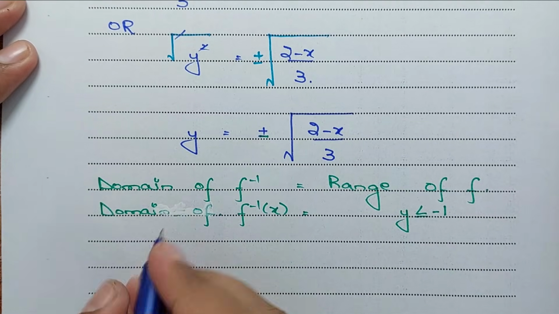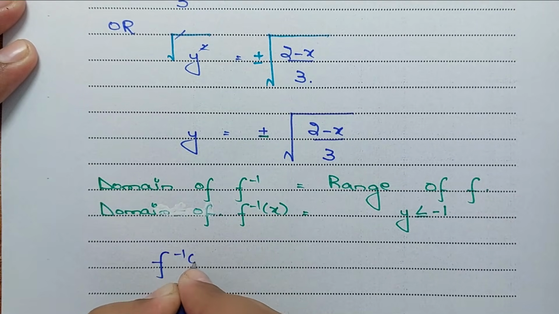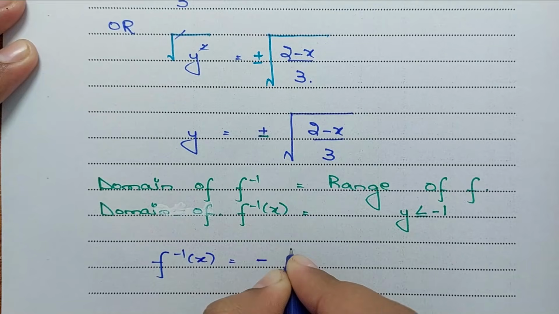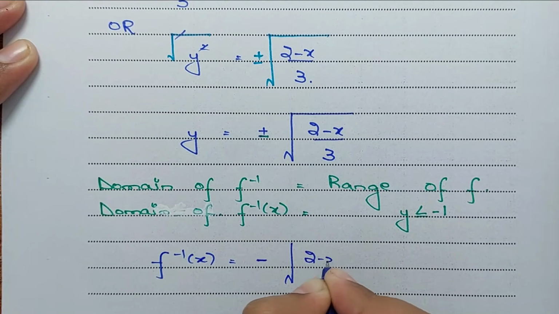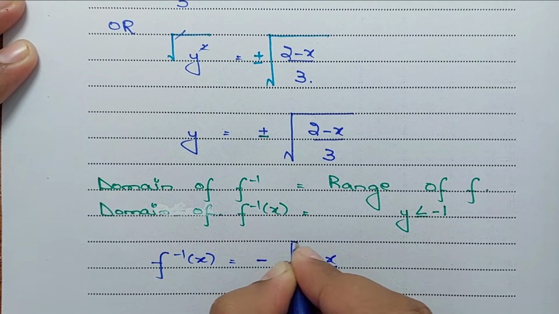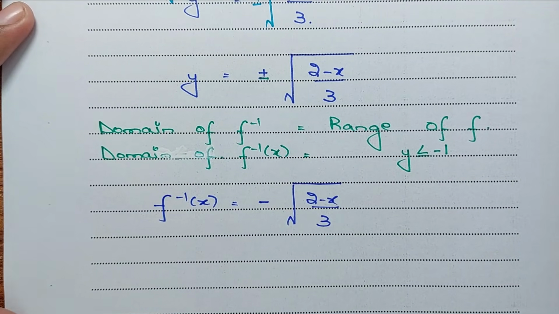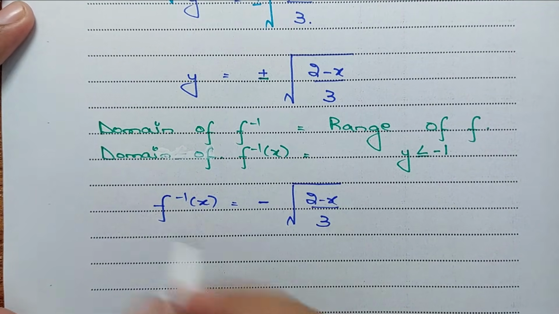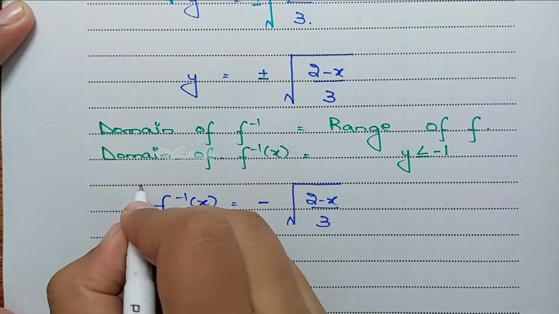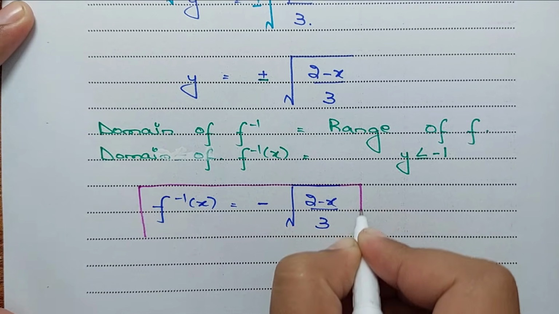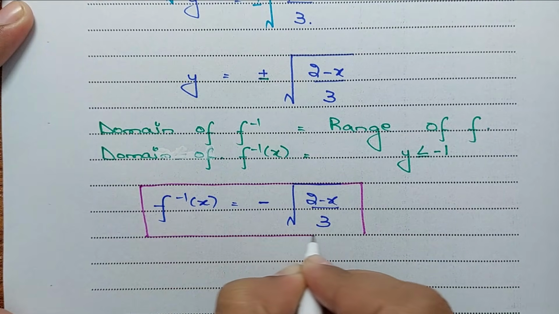So we can say the expression for f inverse, I hope this is clear now, is negative root of (2 minus x) over 3, because root of (2 minus x) over 3 is always positive. Multiplied by negative gives you the negative answer. So its domain should be less than or equal to -1.